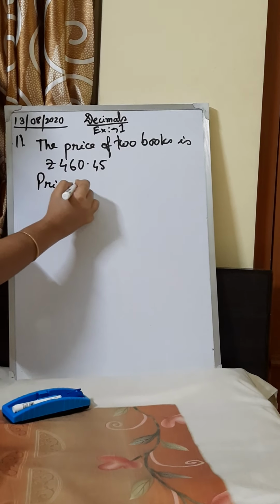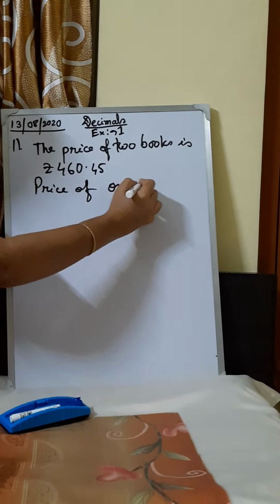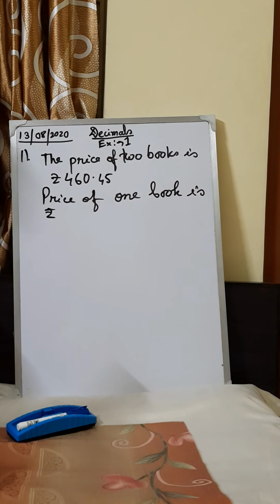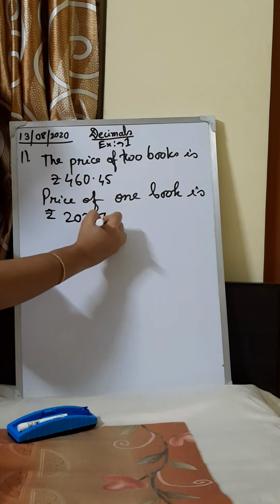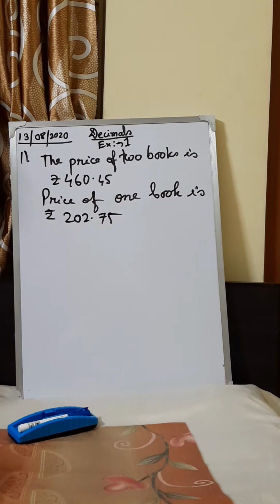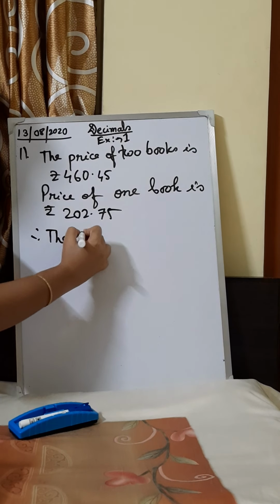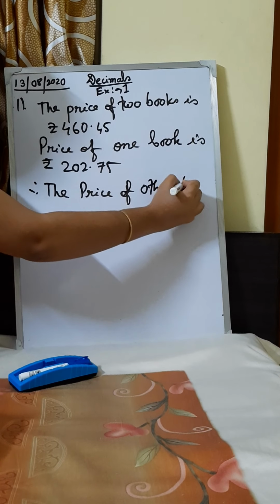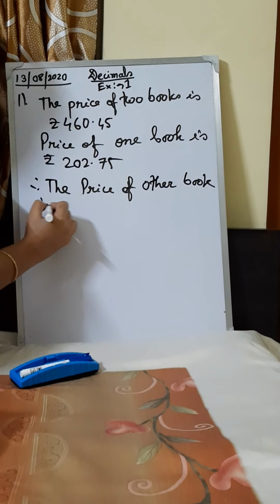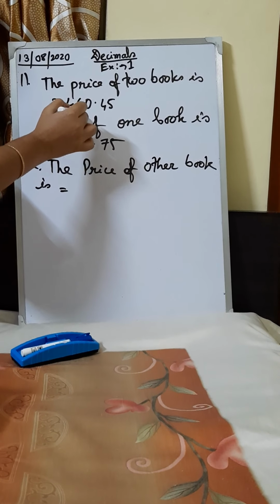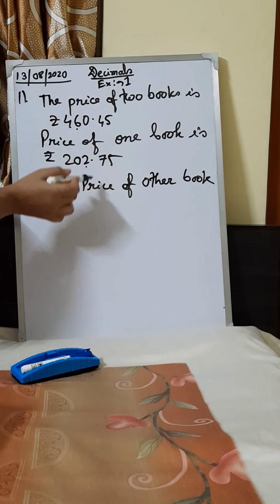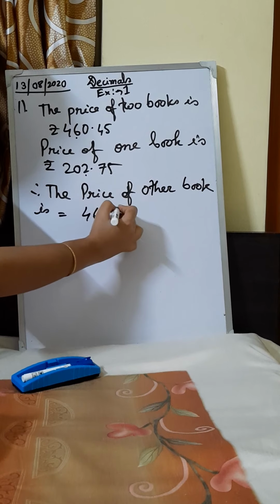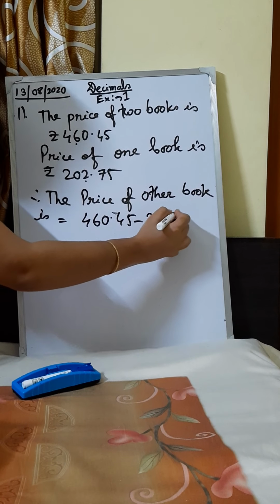Price of 1 book is given as rupees 202.75. So the price of the other book is what? The total cost of the 2 books is this, 1 book is this, so you have to subtract from the total, and you get the answer 460.45 minus 202.75.